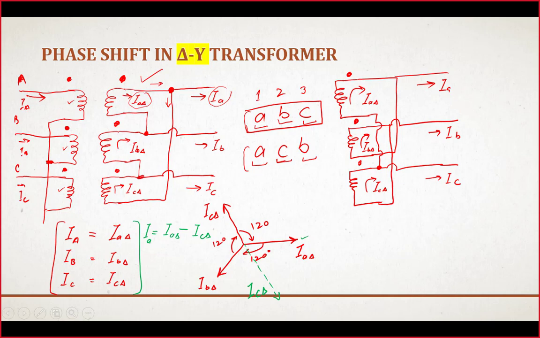So addition of these two by using the head to tail rule will give us this line current. So we can add them together by adding this IA delta into it, and then the resultant phasor will be this one, which is IA, the line current.